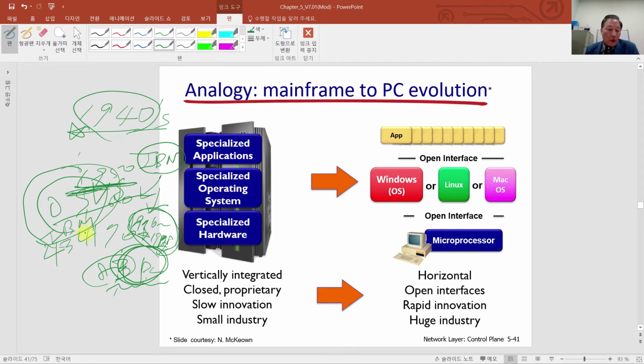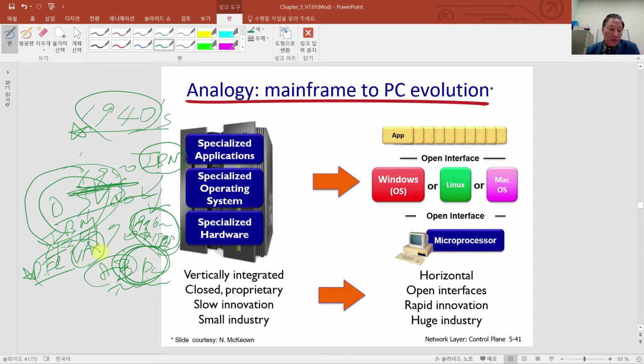And also Digital Equipment computers, and they announced the minicomputers. They are all proprietary computers with proprietary operating systems. And their market is not growing or evolving so rapidly because of their limitations in terms of the growth of that market of the computer. That is the main drawback of this closed or proprietary architecture.